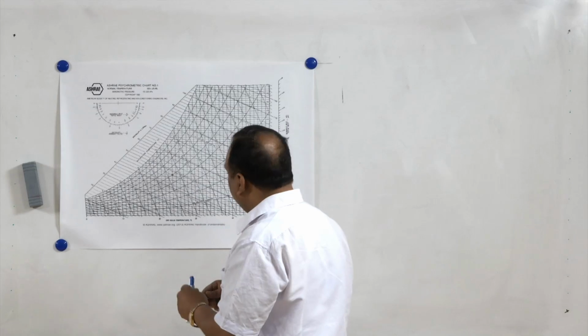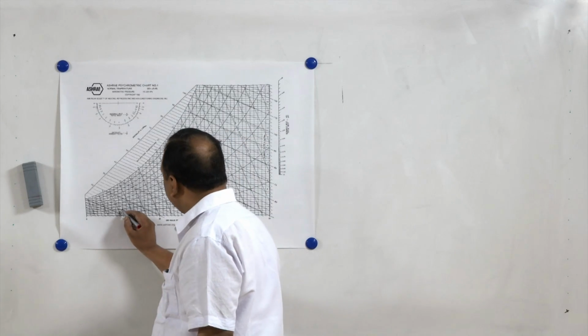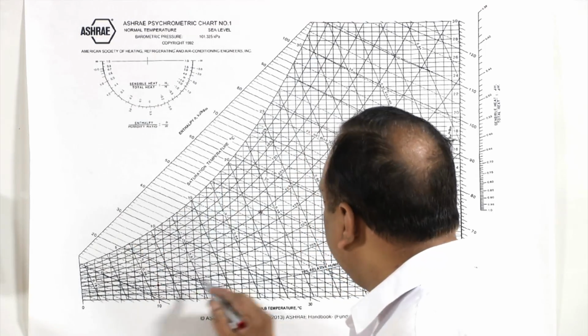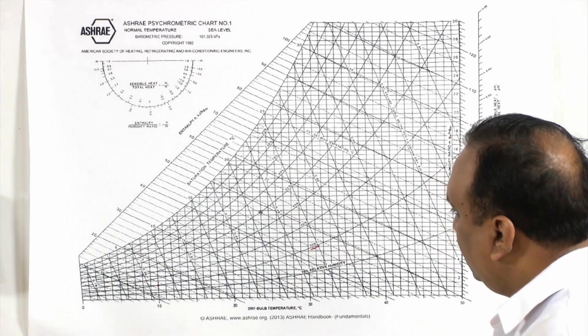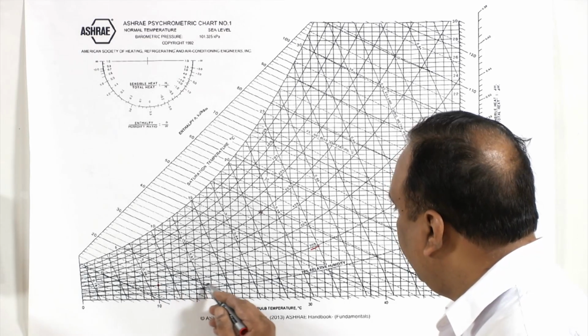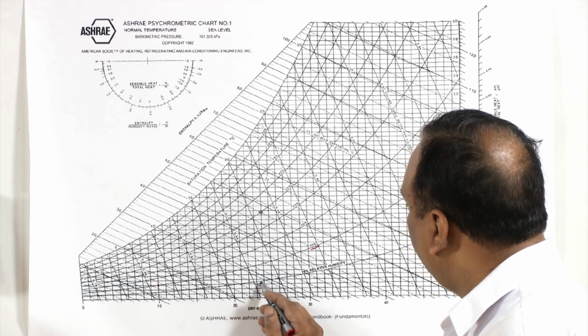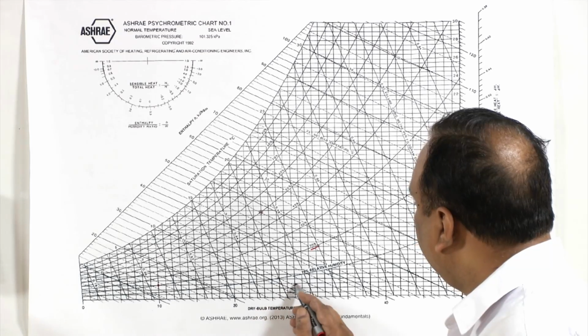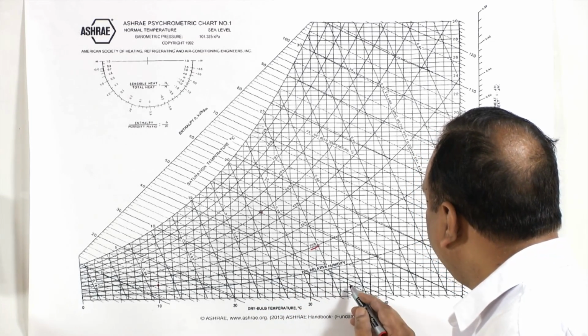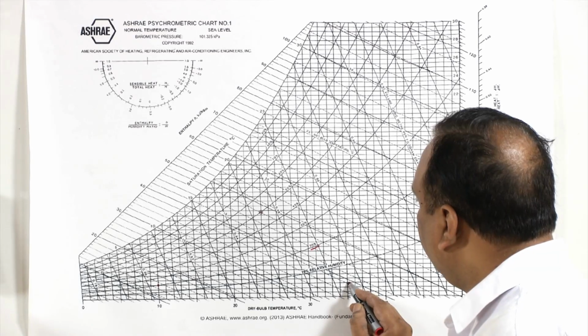So, here we'll come back to this heating process. At 10 degrees centigrade and 20% relative humidity, the air is heated. Air can be heated up to, let us say, 35 degrees centigrade, right?